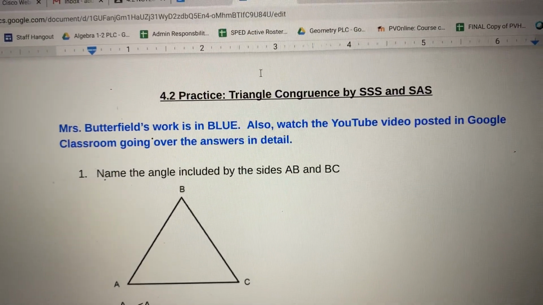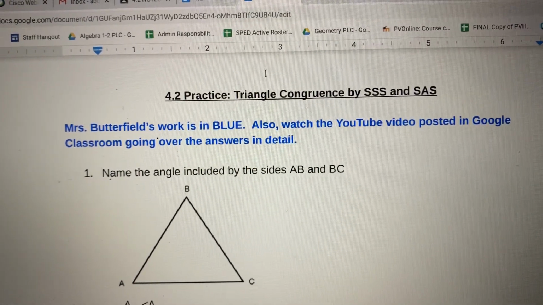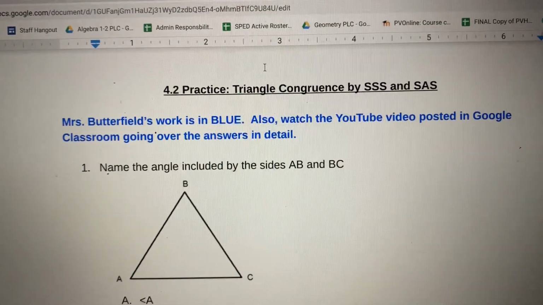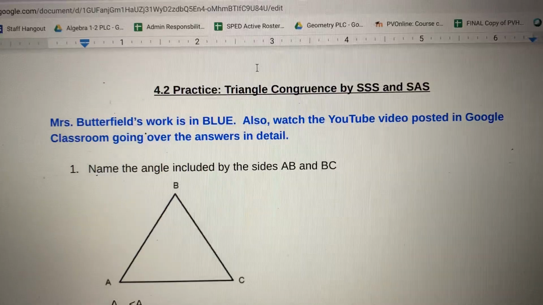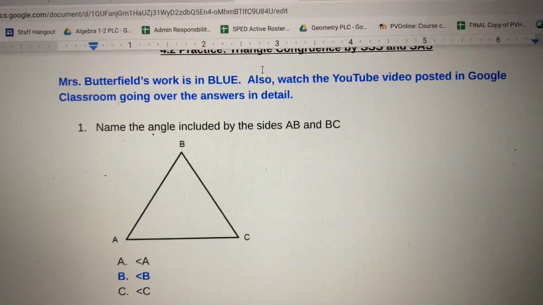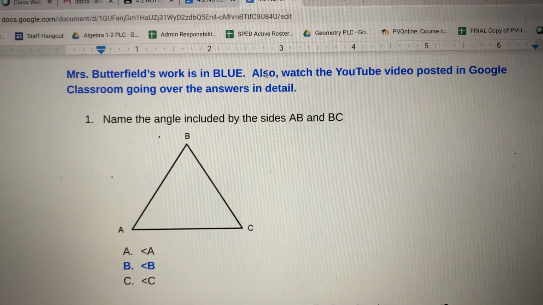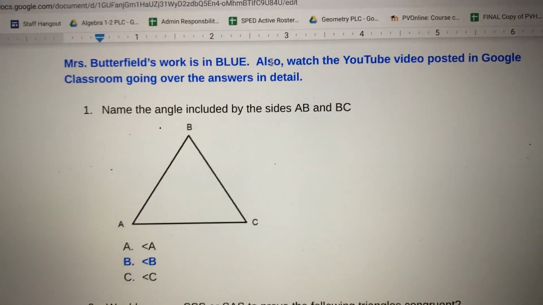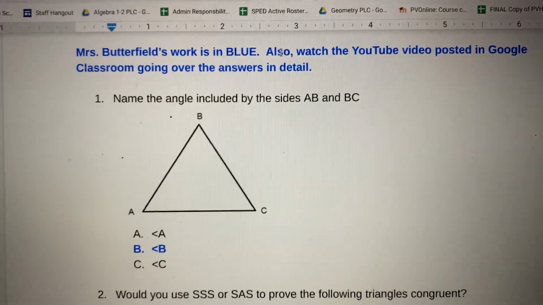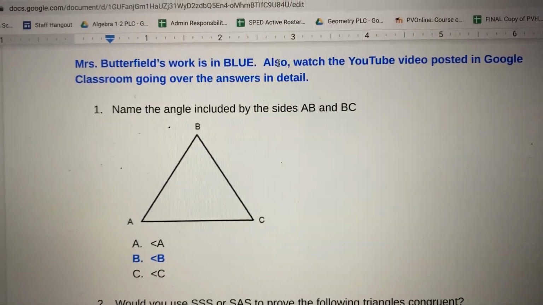So if you haven't already started the practice on your own and tried it, I would pause this video right now and go try it on your own. If you've already tried it on your own, you can keep watching. I'm going to go ahead and go over all of the answers and explain why the answer is what it is. This is super, super helpful because this is a lot like the SR. I actually went and did it just in order.